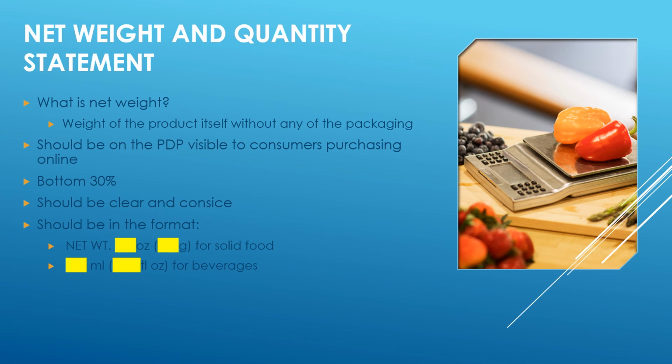It needs to be in the bottom 30% of the label. It should be clear and concise, and it should be in the format net weight, whatever your ounce weight is, and in parentheses the amount in grams. And then for beverages, it would be in ml, and then in parentheses fluid ounces.